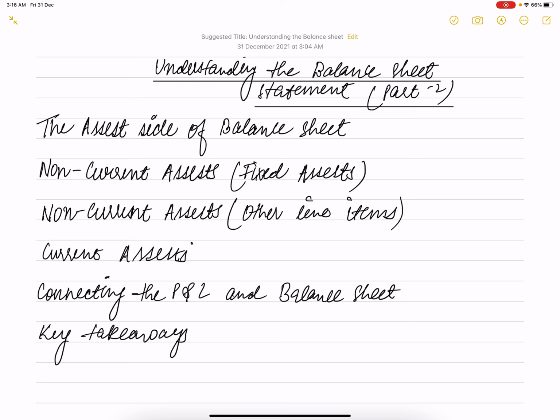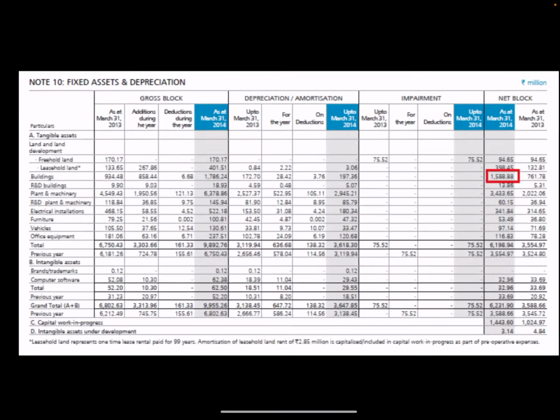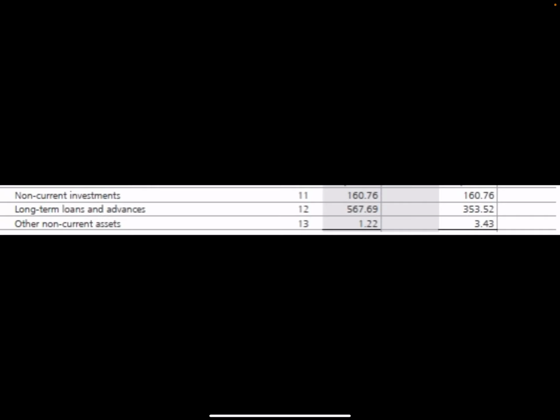Now coming to the non-current asset other line items. Besides the fixed asset under non-current asset, there are other line items as well. So here is a snapshot of the same. Non-current investments are investments made by ARBL with a long-term perspective. This stands at rupees 16.07 crores.